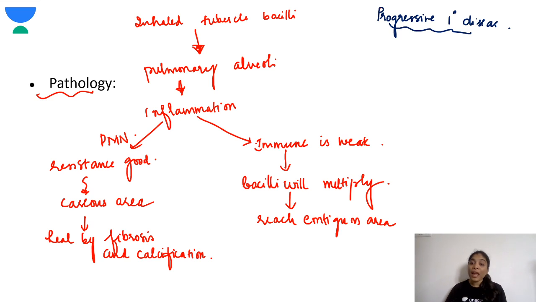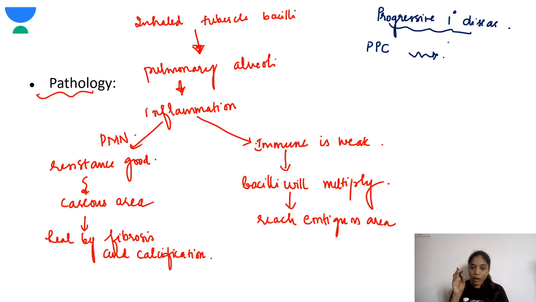From the primary complex, the tuberculosis can worsen and lead to a progressive primary disease. If it's a progressive primary disease, what will happen? The primary pulmonary complex, instead of calcifying, will enlarge steadily and develop into a large caseous center.